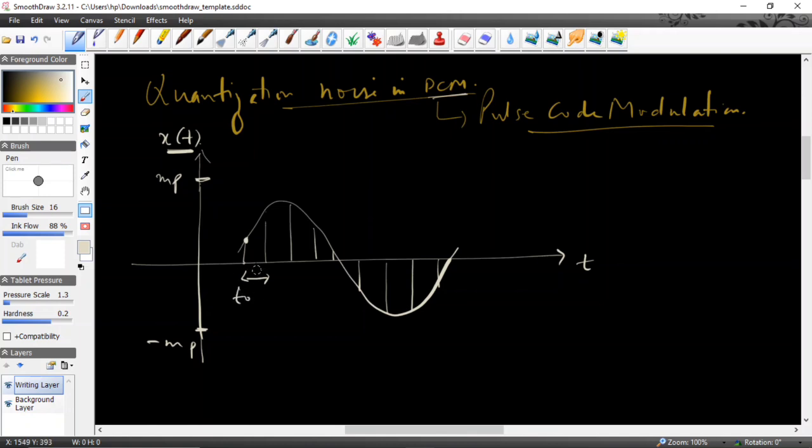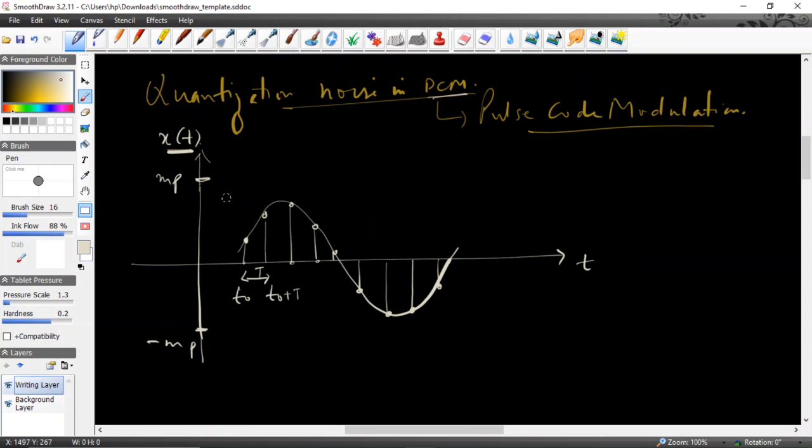Then after some time, if this is T, you take a sample at t naught plus T, then t naught plus 2T, and so on. So I just store these sample values, not the continuous signal. This process is what we call sampling. After sampling, your signal is converted from continuous time to discrete, but it is still analog in nature. It is not a digital signal, because the amplitude can still take any random value, an infinite number of values.